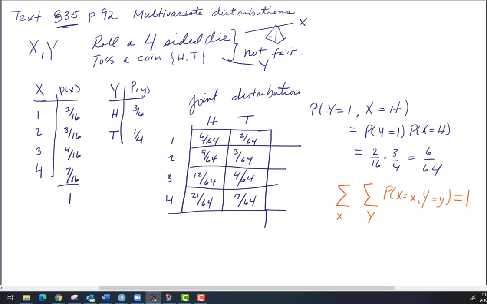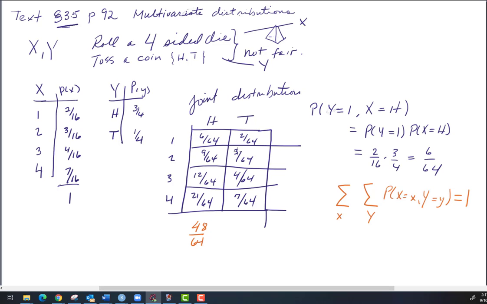So let's see real quick if it does. Now, probably the quickest way is to add this column and then add this column. So we've got 6 and 9 is 15, 25, 27, 28, 38. I think I did that wrong. Let's try it again. 15, 27, 47, and 1 is 48. 48/64.